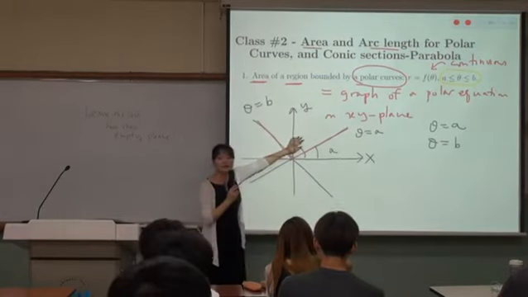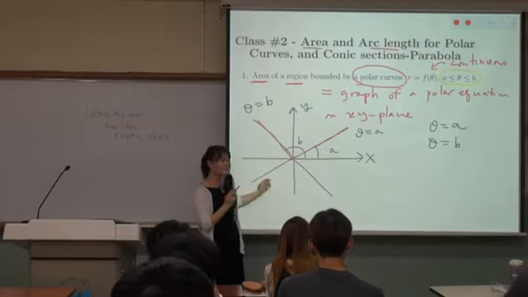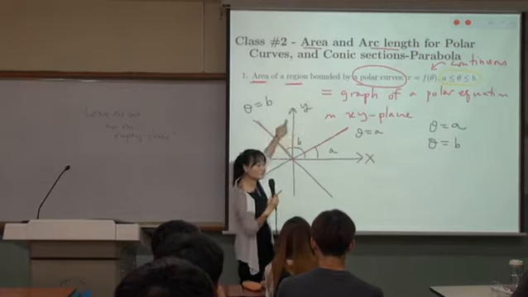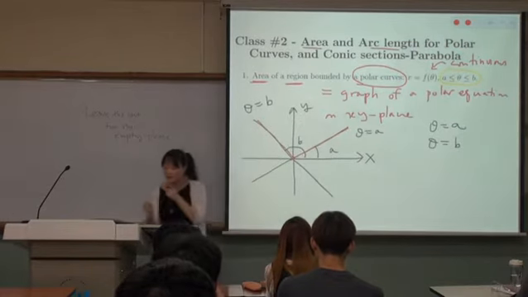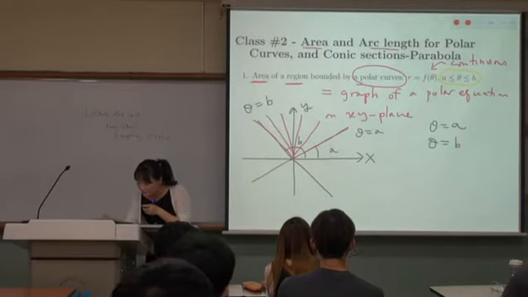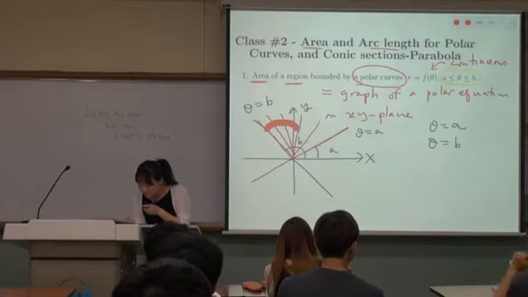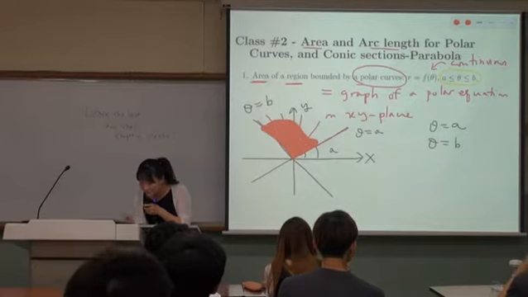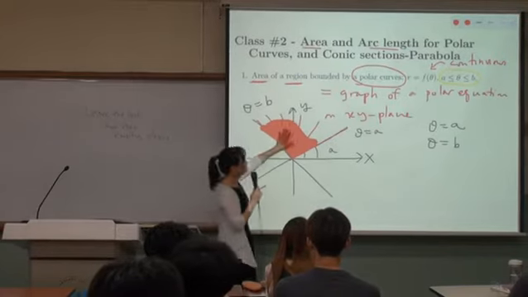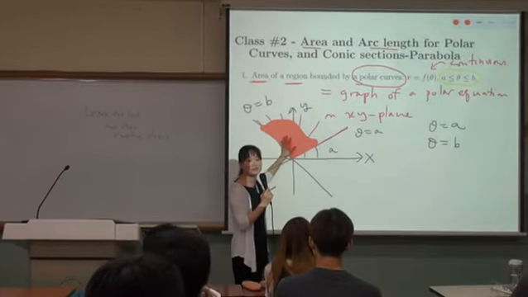R can be positive or negative. Suppose r is positive, then we'll have something like this, depending upon what r is. So this is the region. Make sense? Okay. So we want to find the area of this region.